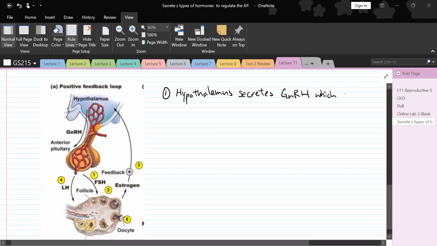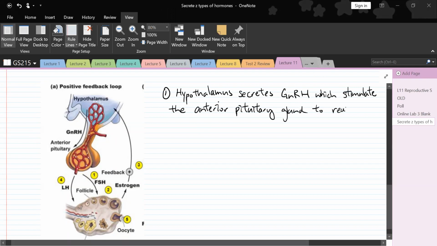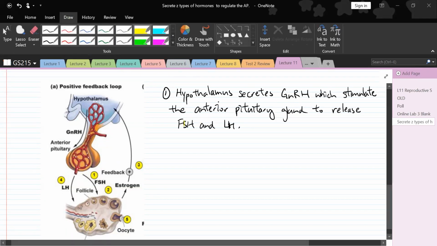So it secretes GnRH, which stimulates the AP, the anterior pituitary gland, to release FSH and LH. Okay, so it's both, but in this beginning phase, in the follicular phase, the dominant hormone is FSH.